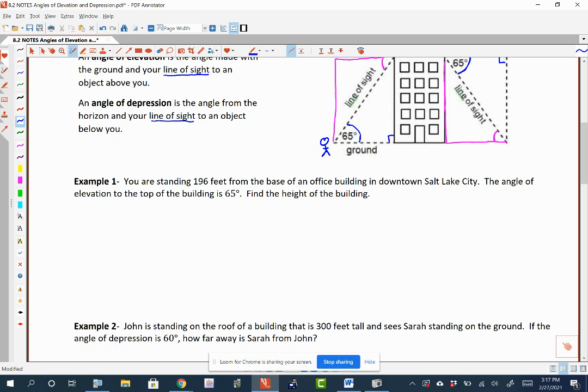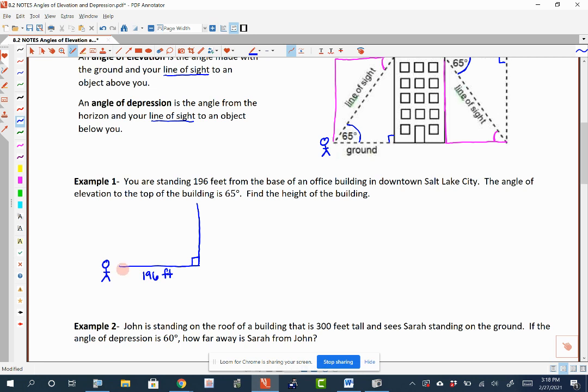Now, I like to draw triangles, and you decide if that's something you want to do. Let's say you're standing 196 feet from a building. And we'll say, here's my building. Normally a building with the ground is going to create a 90-degree angle.